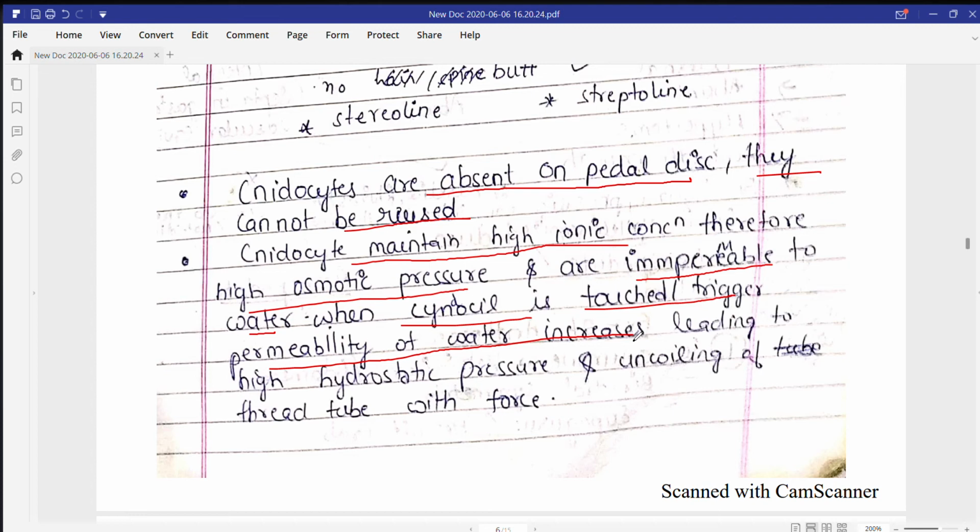The water will enter, and that leads to high hydrostatic pressure. Hydro means water, so hydrostatic pressure will increase. That causes uncoiling of the thread tube with force, which contains the spines and stylets, and these puncture the prey and paralyze it. So this is the whole mechanism that they follow.